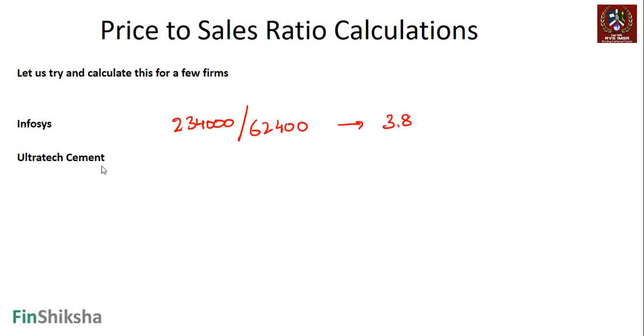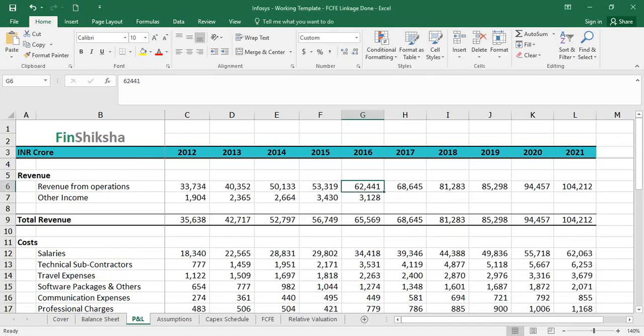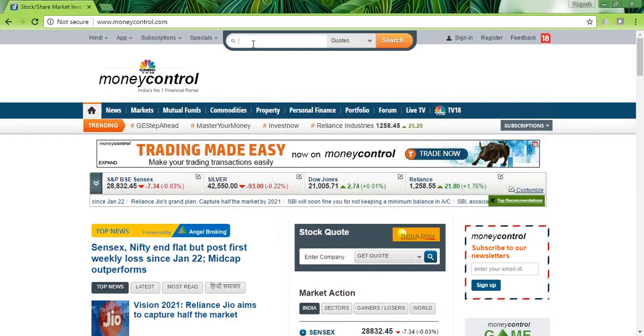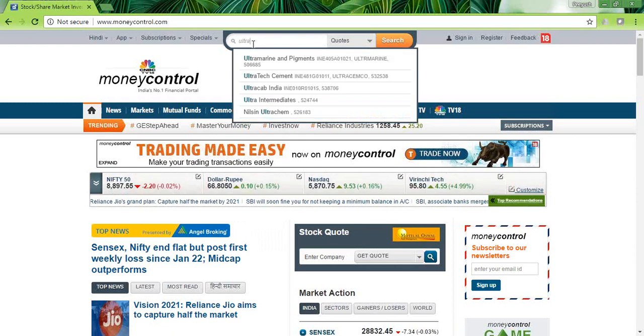Let's do that for another firm, Ultratech Cement. Now, how do I find the market cap for Ultratech Cement? I can either Google it, or go to the Moneycontrol website and search for Ultratech Cement.